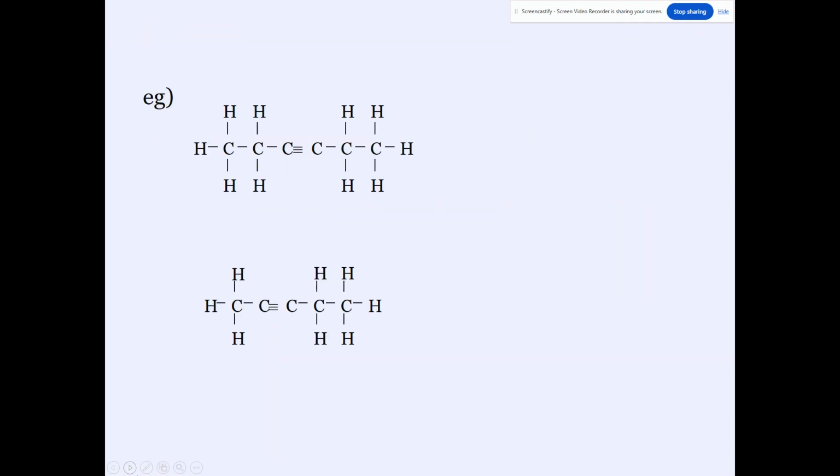Let's get into some parents that have more than 3 carbons. Then we do need to put a number. Oh, I like to use yellow for my parent chain. Okay, so parent chain again is longest continuous chain that contains the triple bond. So these are my longest continuous chains. Then again, I number it so that my triple bond gets the lowest number. So either from left to right or right to left.